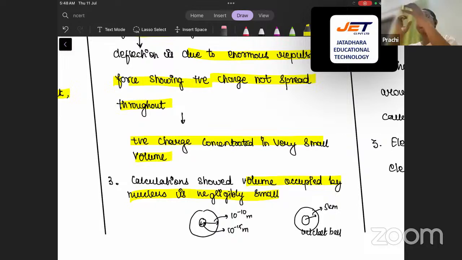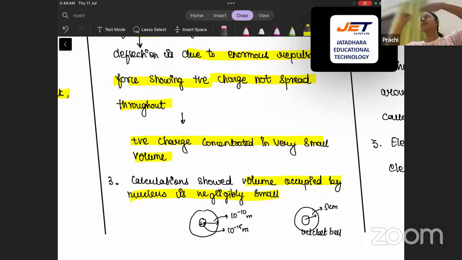Now, once they knew that all the charge is concentrated at one place, this explains why some of the particles, very few, like 1 in 20,000, were deflected or bounced back. The particles that were coming directly like this, since the charge is concentrated here, the ones coming face to face will be bounced back.